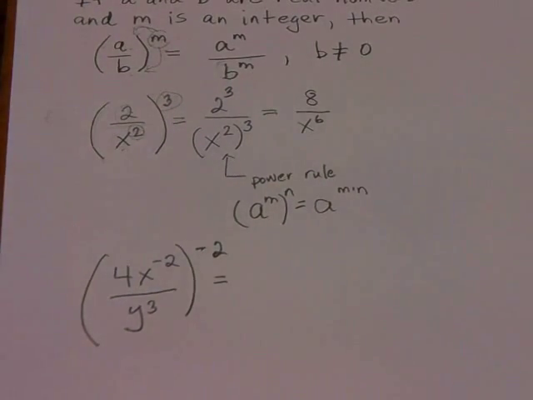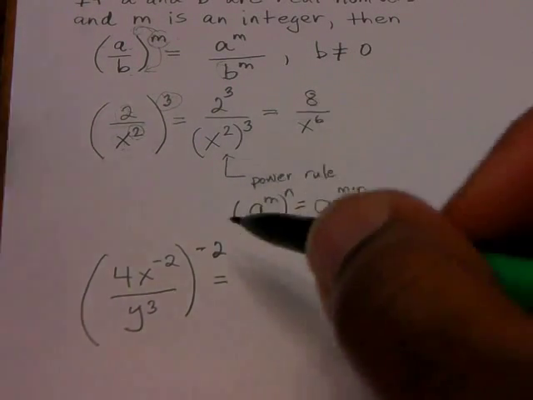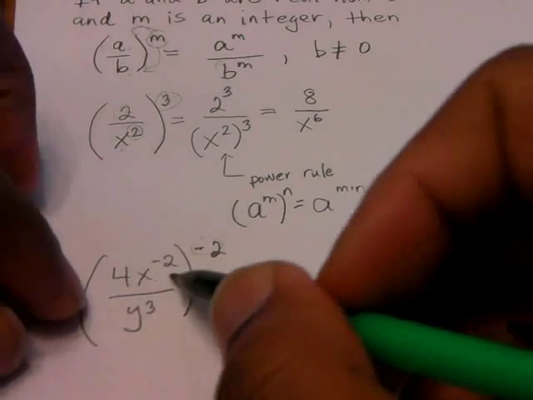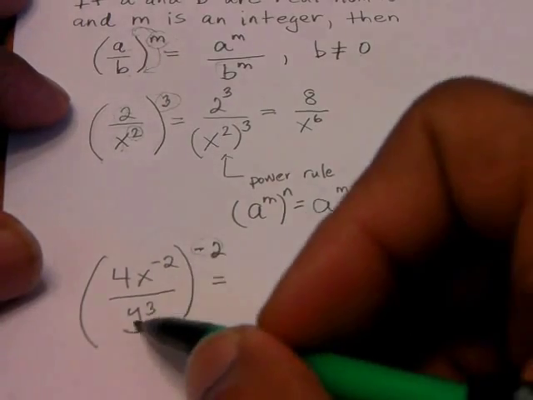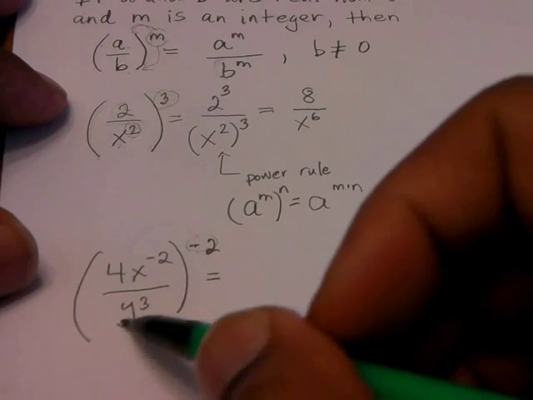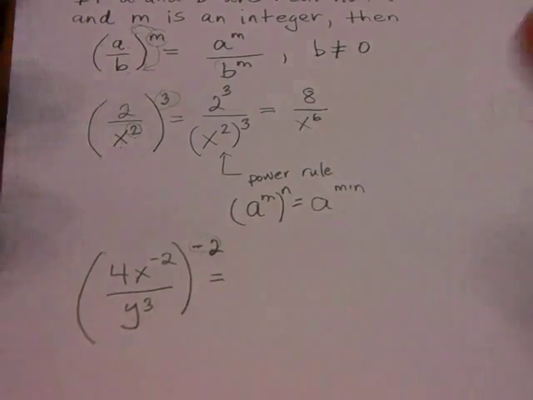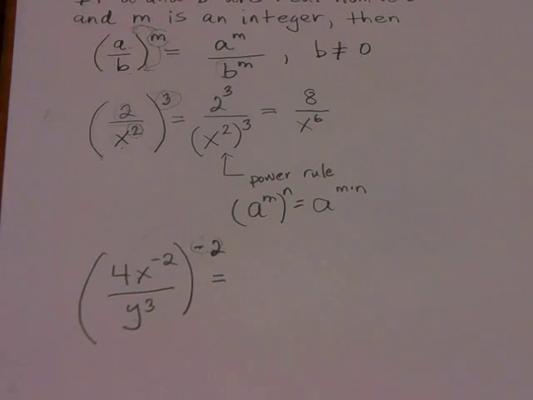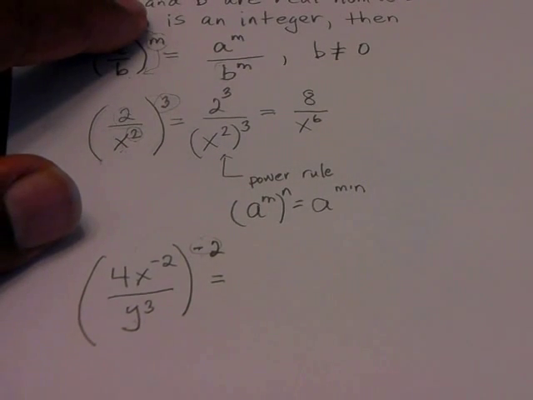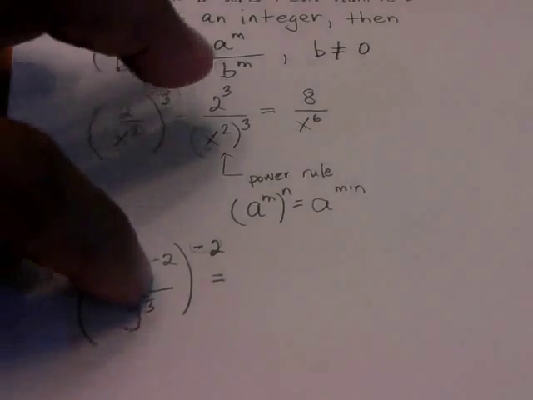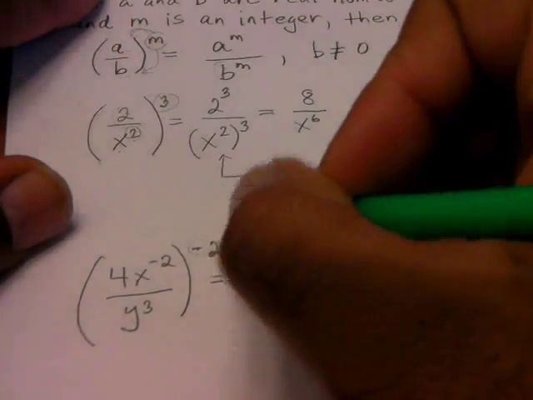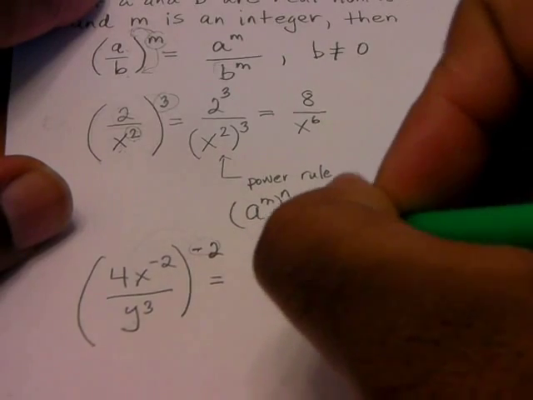Like we've done always, we're going to distribute the power of negative 2 to each component in the numerator, and then also distribute the negative 2 to the denominator. By distributing, we raise the power to each of the components that make up the product of the bases in the numerator and denominator. So let's do that first. We're going to raise 4 to the negative 2.